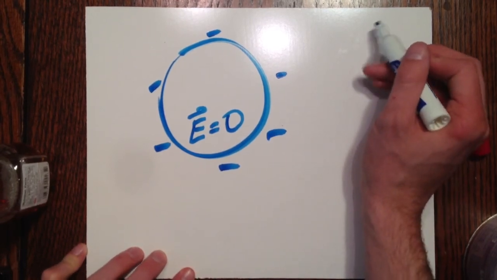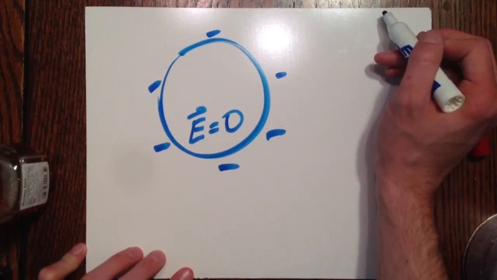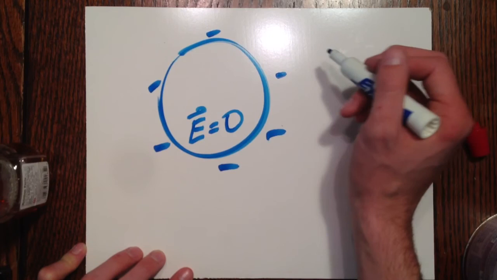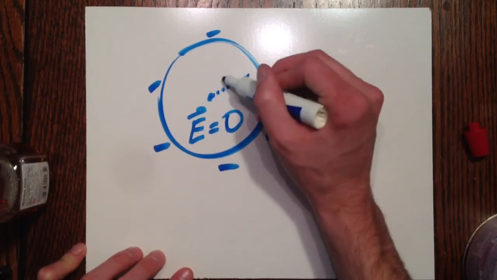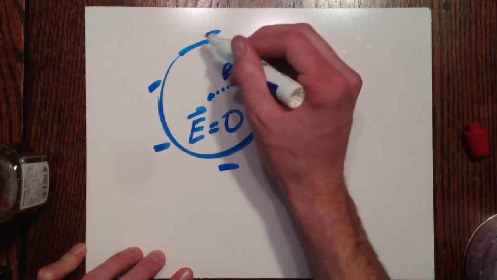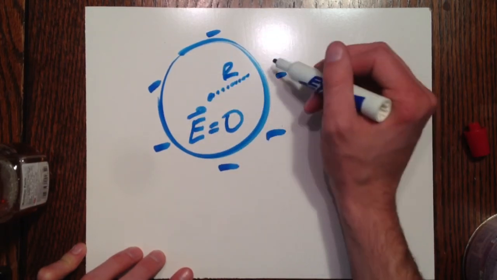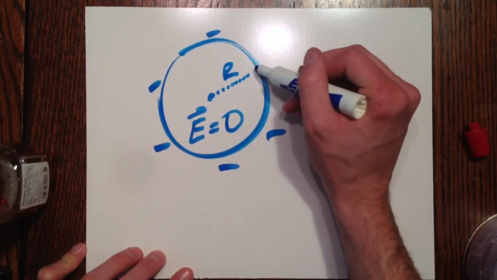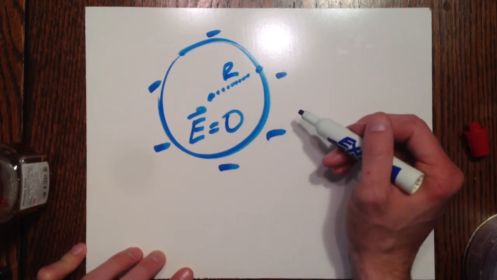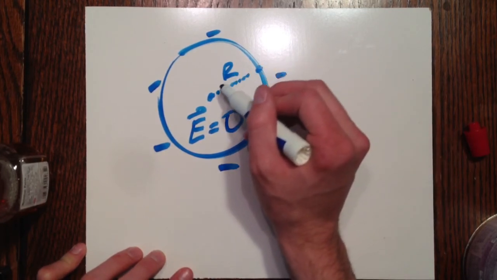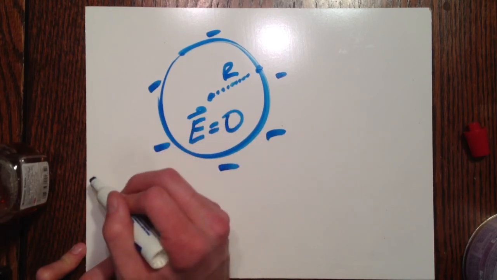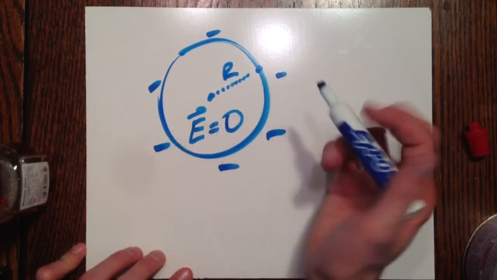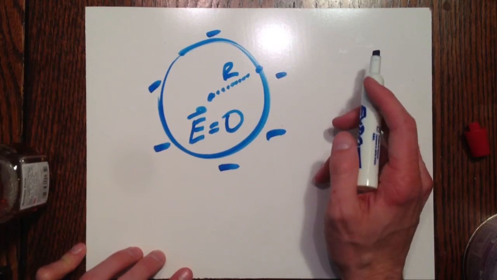So the voltage inside, if you think about your r here, is going to be equal to whatever voltage you had at the surface. And it's going to remain constant throughout. And then as you go out, it would get smaller or larger depending on what type of charge you had.